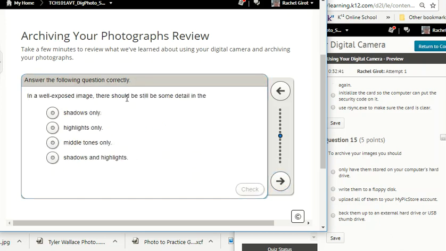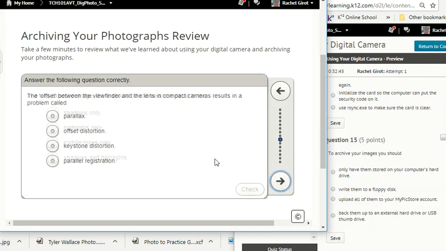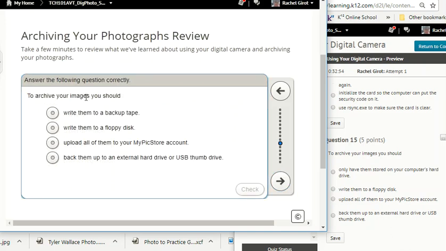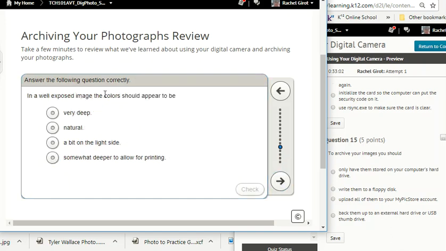In a well-exposed image, there should still be some detail in the shadows and highlights. The offset between the viewfinder and the lens in compact cameras results in a problem called parallax. To archive your images, you should back them up to an external hard drive or USB thumb drive. In a well-exposed image, the colors should appear to be natural.